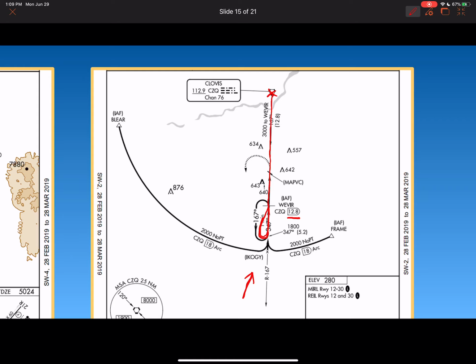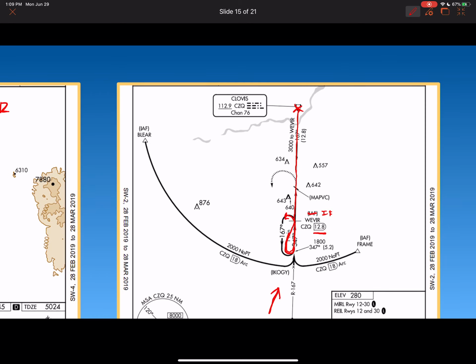And at this point, ATC is either going to tell you to hold, so they're either going to establish you in the hold if they want you to wait, or you would continue from, because now this is no longer the IAF, but the intermediate fix. So they would either tell you to continue in the hold or continue down towards the final approach fix.